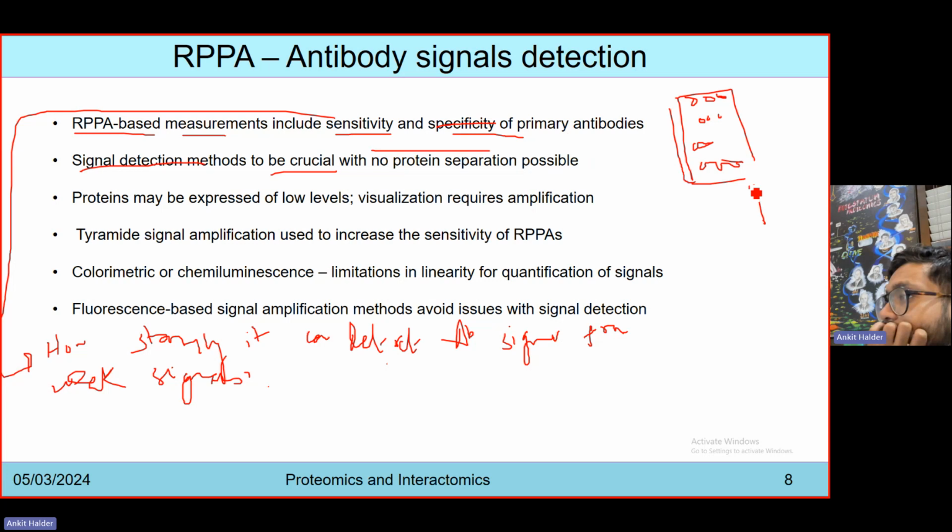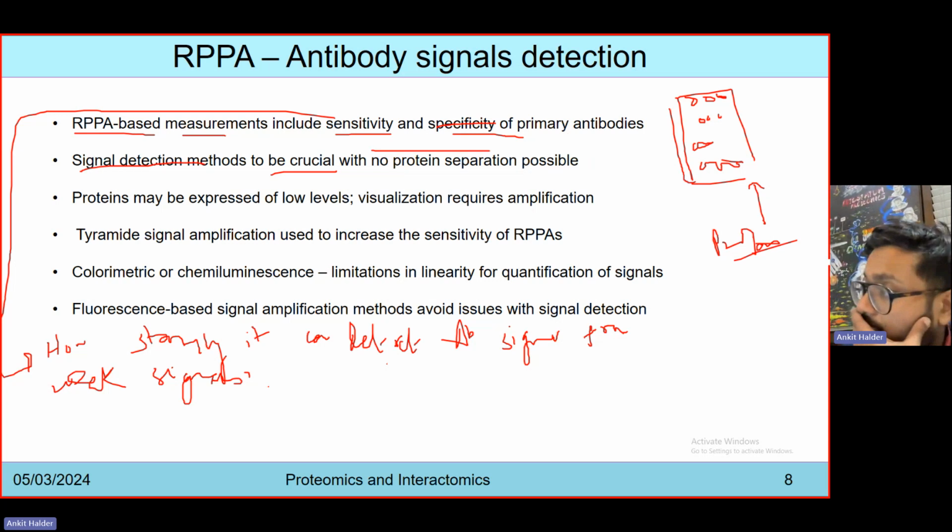You have proteins; if you are using a cell-free or cell-based system, you have proteins that have been separated out.